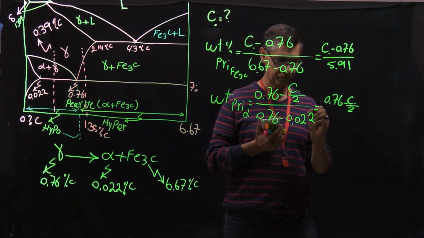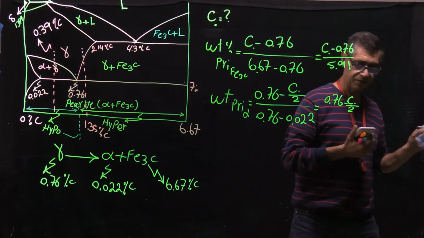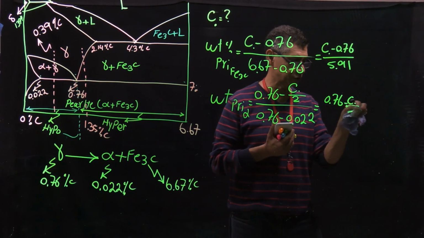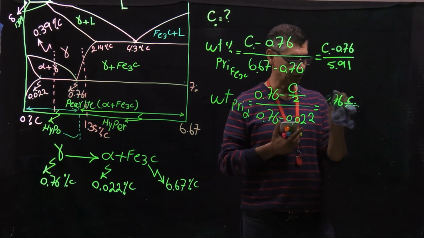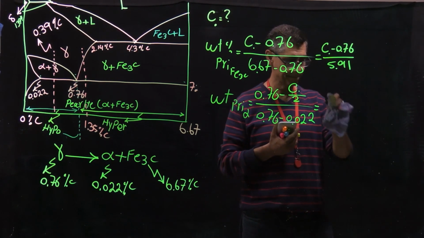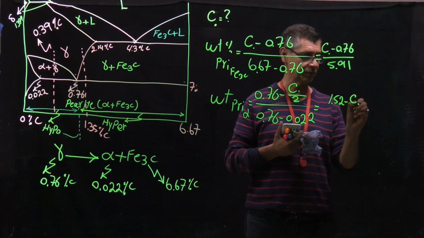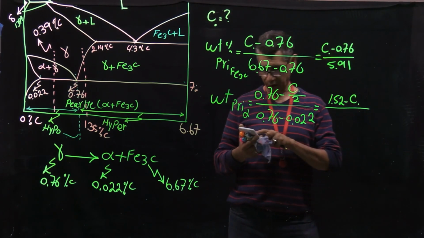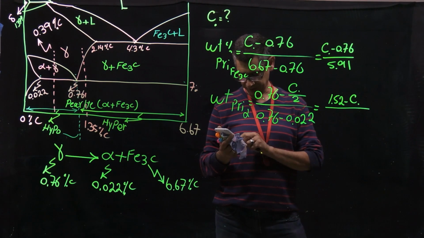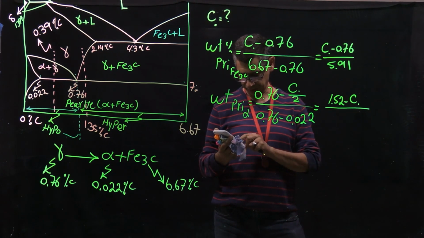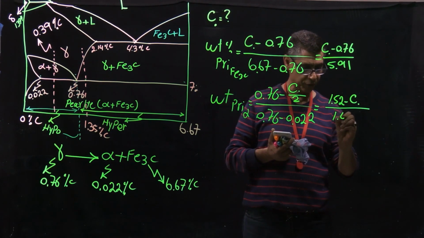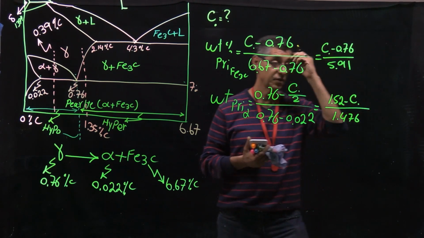I can move the 2 here, so this becomes 1.52 minus C sub 0 divided by 0.76 minus 0.022 multiplied by 2, which is 1.476.